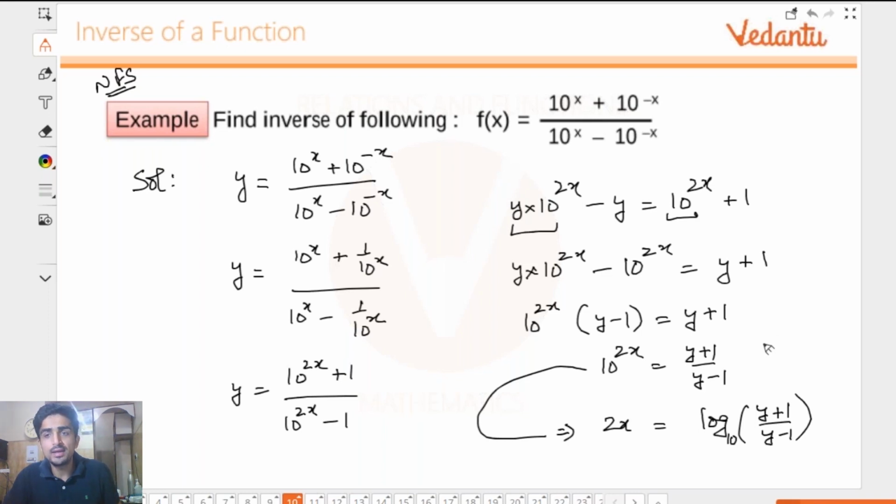Anirudh, if you have little knowledge of log, then let me explain it right now. But if you don't know anything about log, then there's difficulty in explaining it right now. You just tell me, do you know the basic properties of log, or you don't even know that? Anirudh? Nothing.